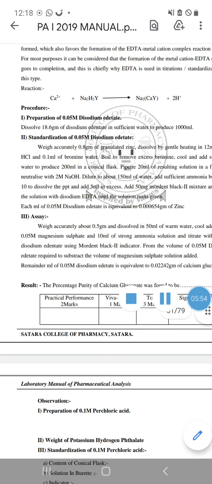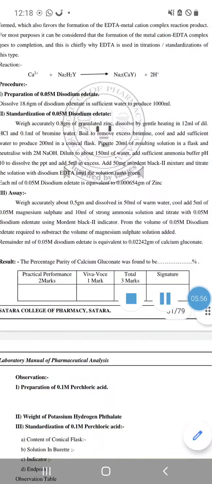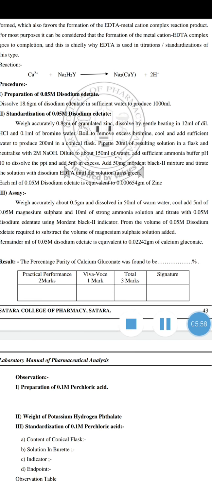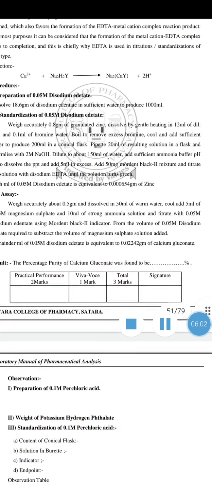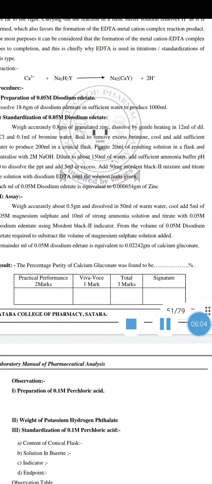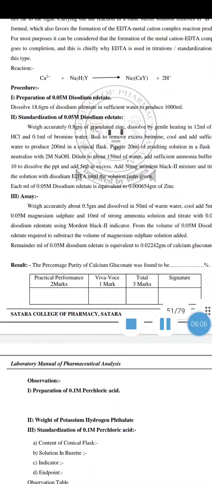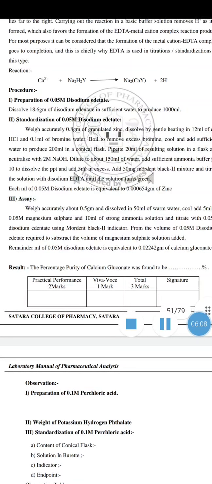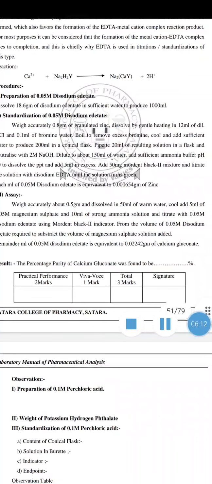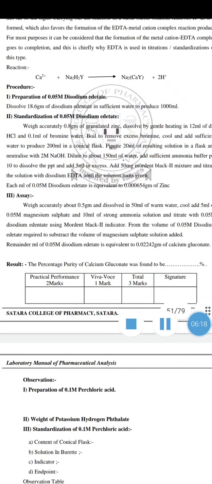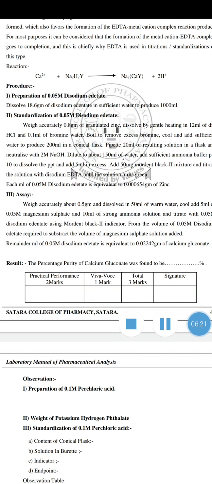Then the third is the assay calculation. Weigh accurately about 0.5 gram and dissolve in 50 ml of warm water. Cool and add 5 ml of 0.05 molar magnesium sulfate. Then add 10 ml of strong ammonia solution and titrate with 0.05 molar disodium edetate using mordant black second indicator.